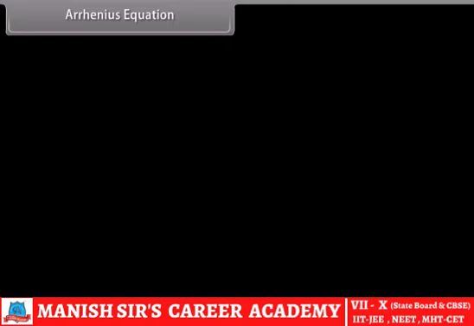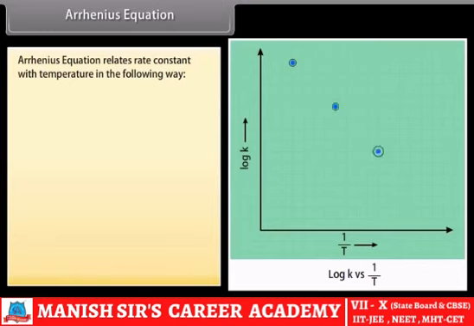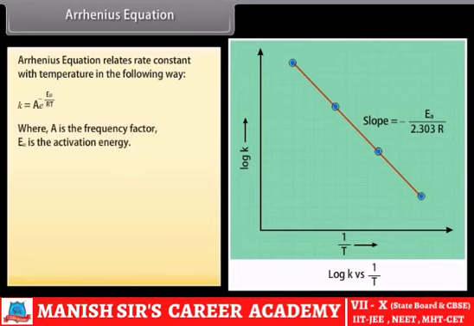Arrhenius equation. The Arrhenius equation relates rate constant with temperature as k = A e^(-Ea/RT), where A is the frequency factor and Ea is the activation energy.